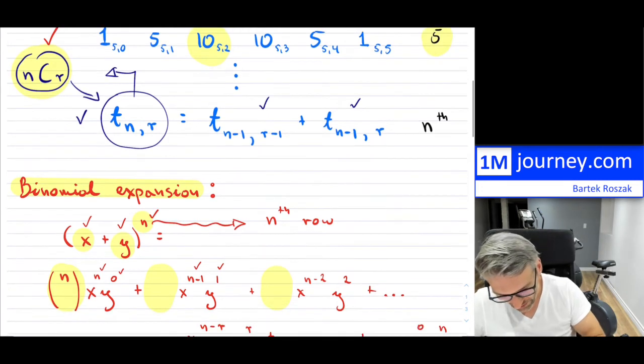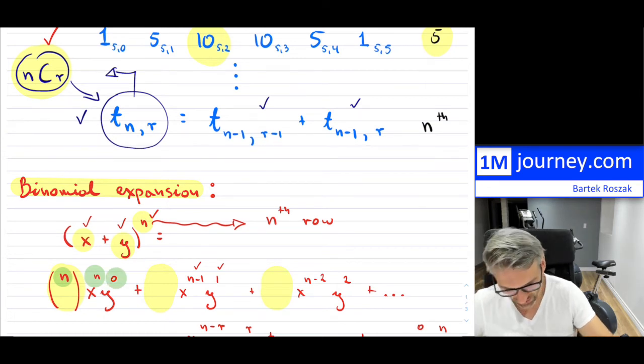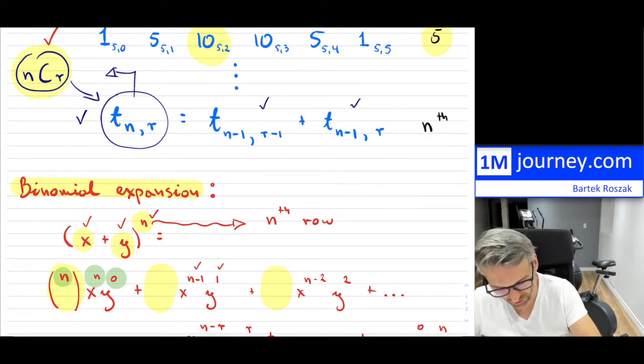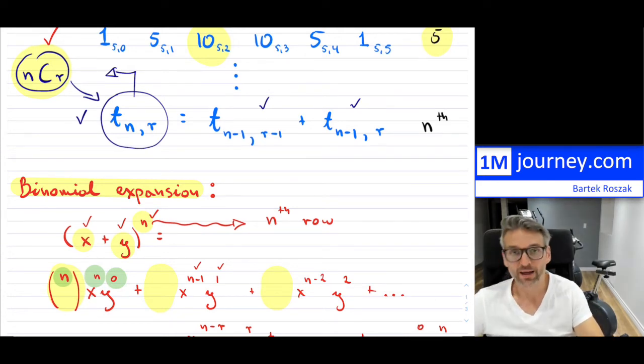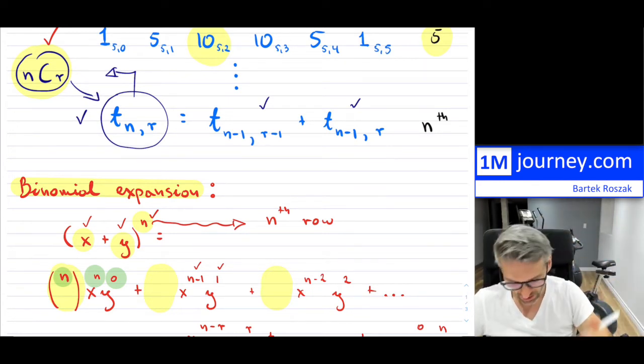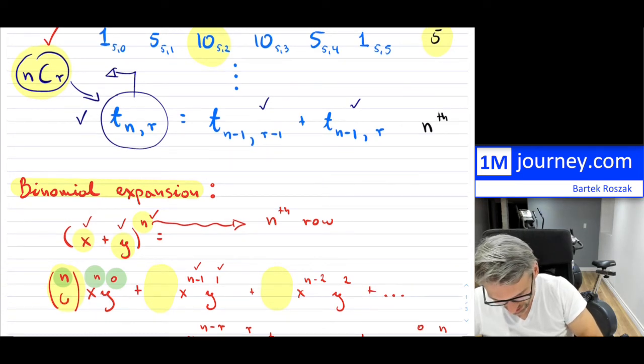Now I'm going to remove this and highlight it so that you can see it. That is your n, so that's going to be there. And then this right here is the value that you are choosing, which is the item that you are in that Pascal's row. So my first one is going to be n choose 0.